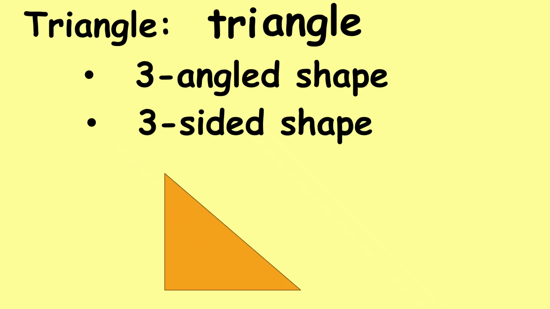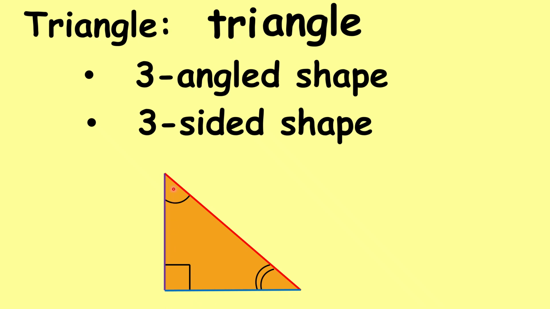Let's see an example below. So this is a three-angle shape. That's the first angle. This is the second angle, and this is the third angle. And then we'll look at the sides. This is the first side. This is the second side.